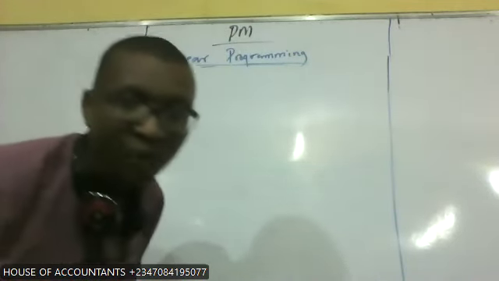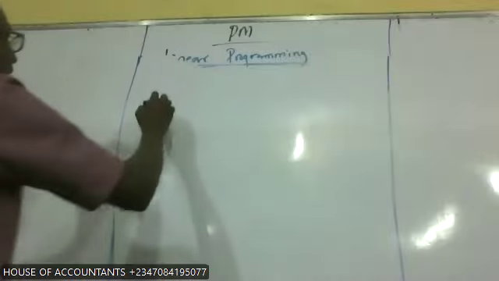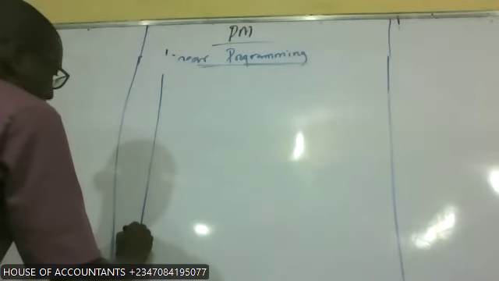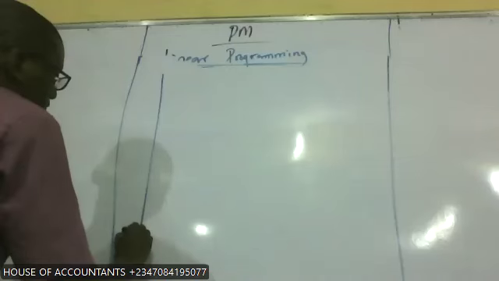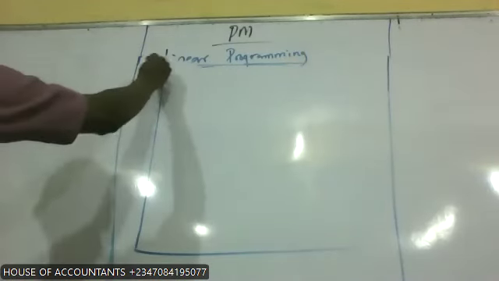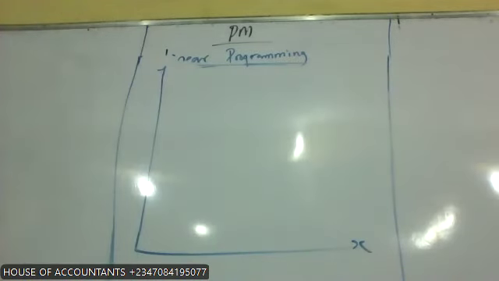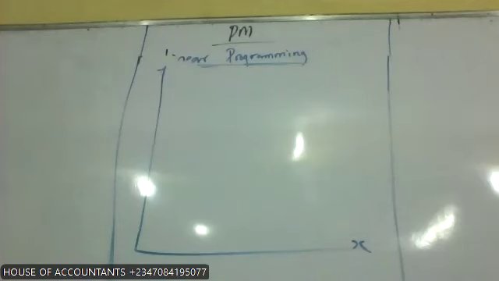The next one is to draw the graph. Plot our graph. What's the highest value of y? 9,000. Highest value of x? 12,000.